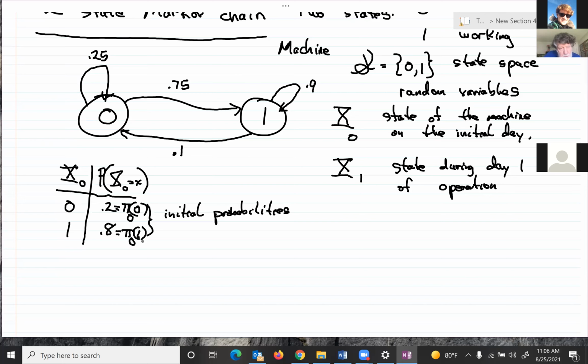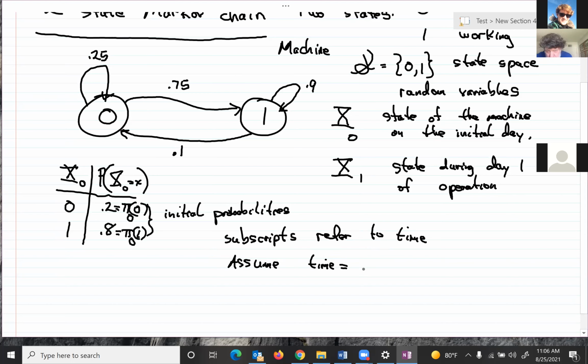It's a little confusing. The subscript again is the time. So when you see some subscripts here, subscripts refer to time. And why don't we talk about how time is going to look for us? We're going to assume that time is either 0 or 1 or 2 or 3, etc.